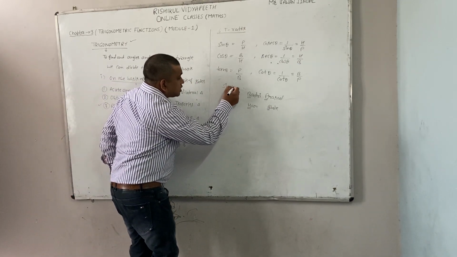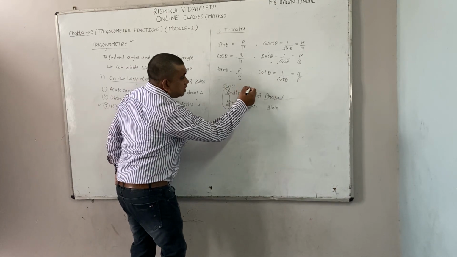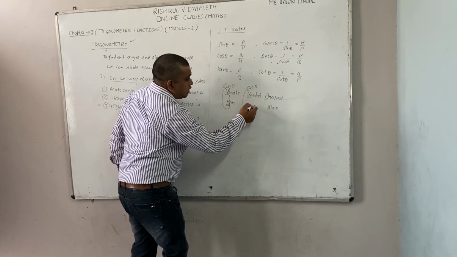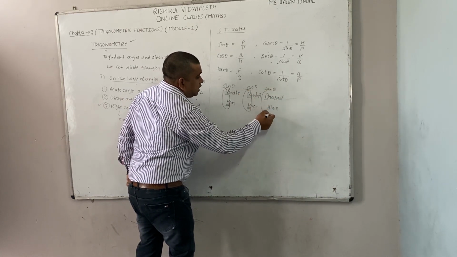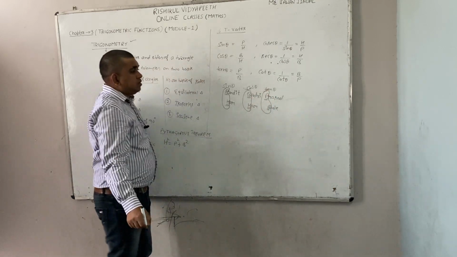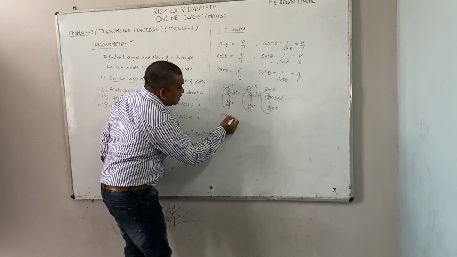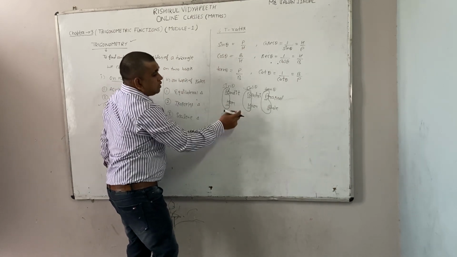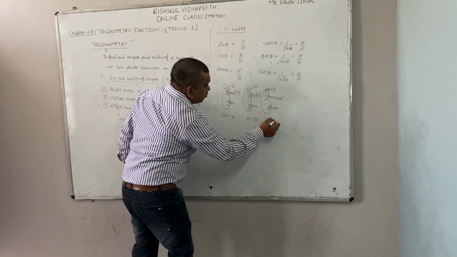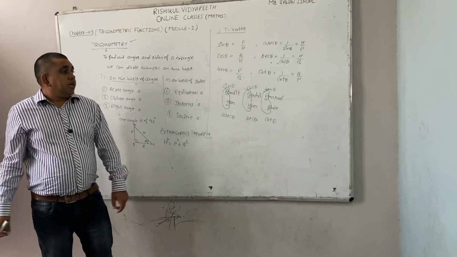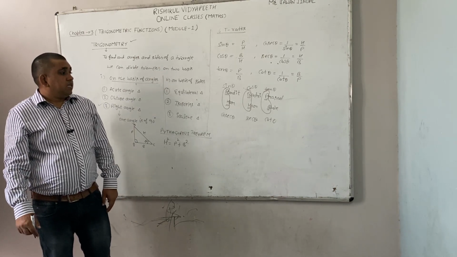This is for sine: P upon H. Cos theta, B upon H. Tan theta, P upon B. Now for cosecant theta you will take reciprocal. Cosecant theta is H by P. This is for secant theta and this is for cot theta, B by P. Right? You have learned about these 6 trigonometric ratios.